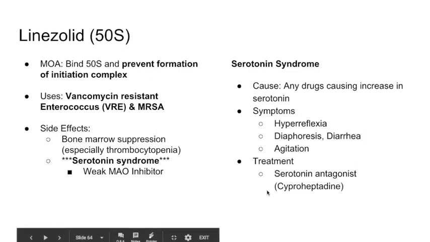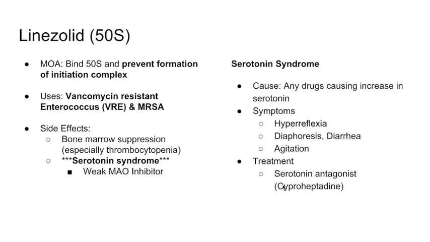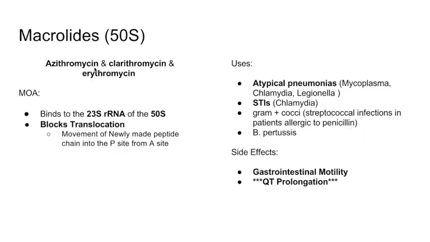Cyproheptadine is actually an antihistamine, but they found that it has serotonin antagonism properties. However, for the purposes of this block exam for linezolid, I would remember serotonin syndrome, and I would remember where it binds. Next class of agents for the protein synthesis inhibitors are the macrolides.